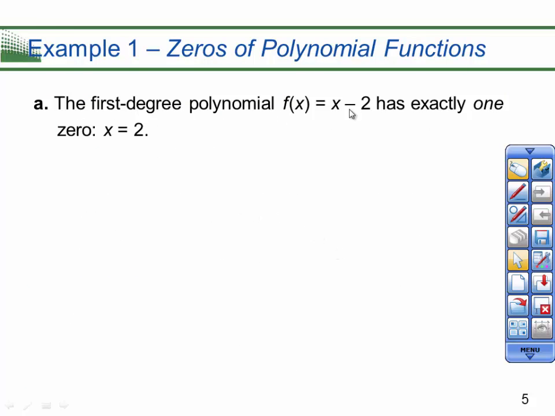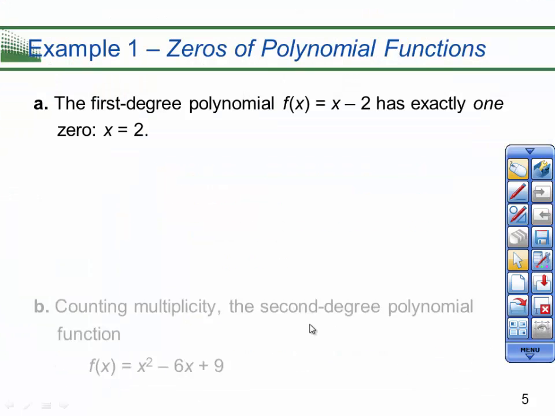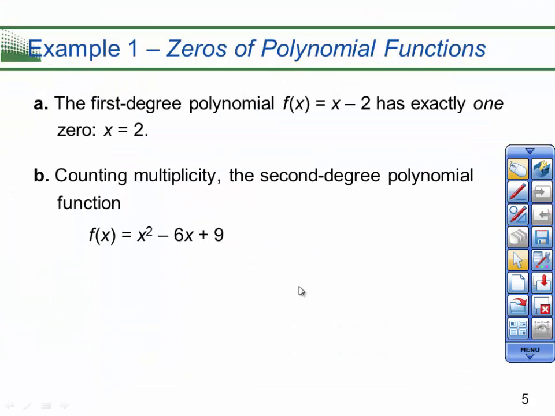The first degree polynomial, x minus 2, has exactly one zero at x equals 2. Would you agree? Yeah, pretty simple, right? It's a line, it's got a slope of 1 and a y-intercept of negative 2. So we know that the zero is at x equals 2. So it's first degree, and it has a zero at x equals 2. Okay, so try another one then. The second degree polynomial function.